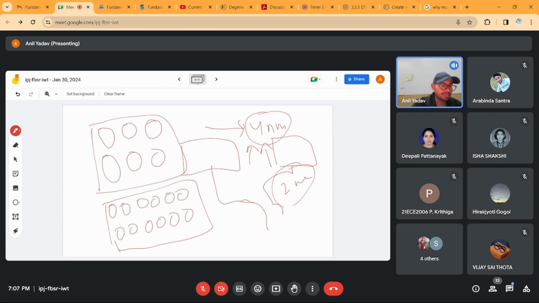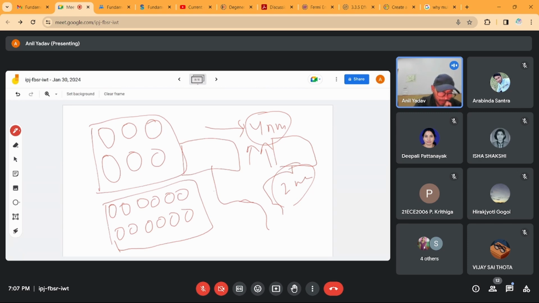So lithography is the key, and because of that only we can realize the miniaturization of devices.